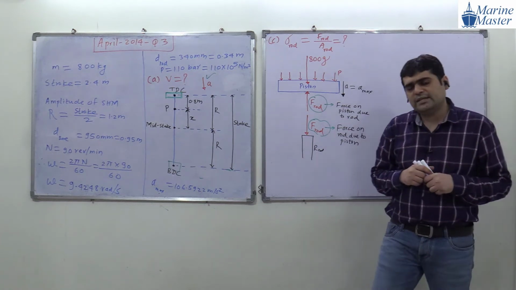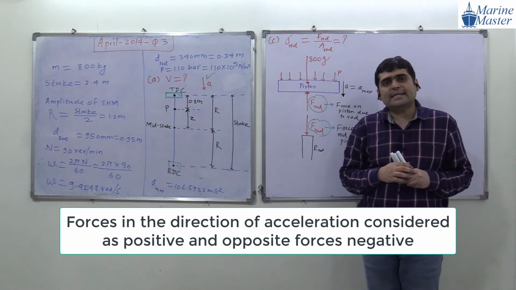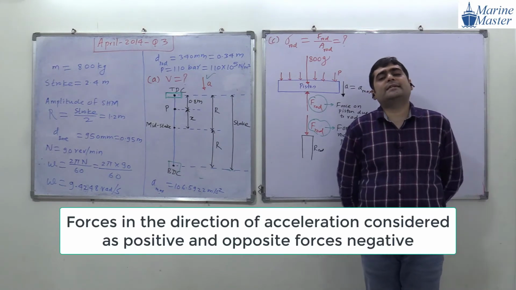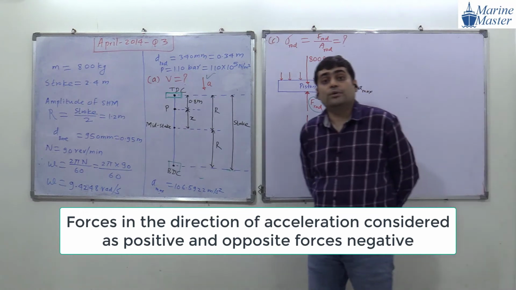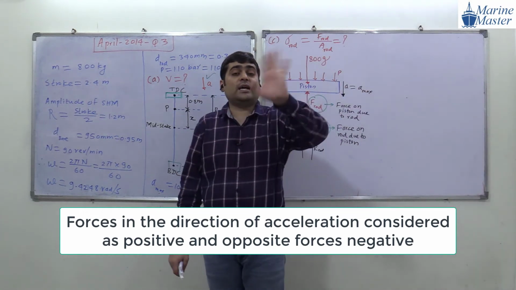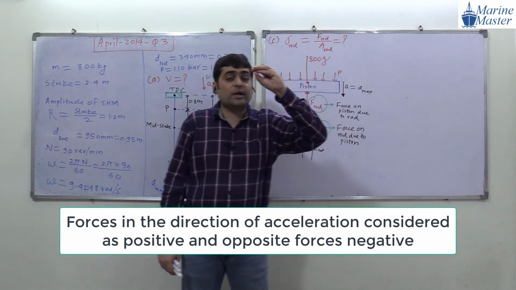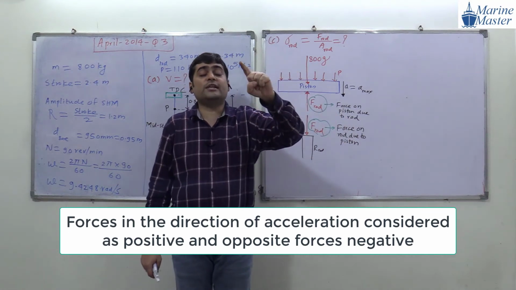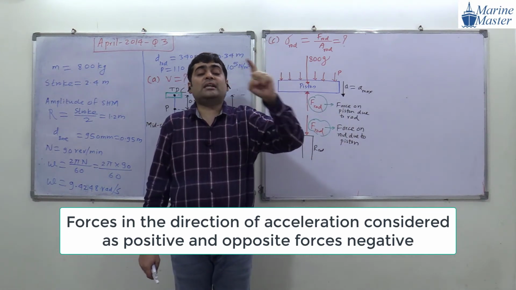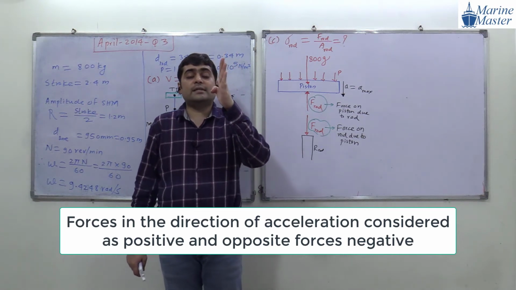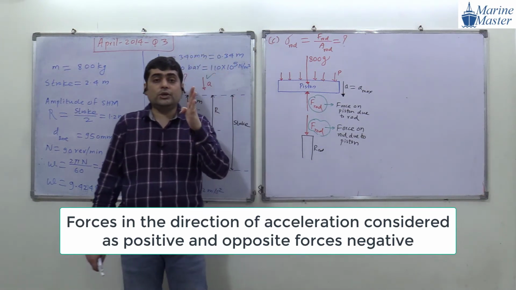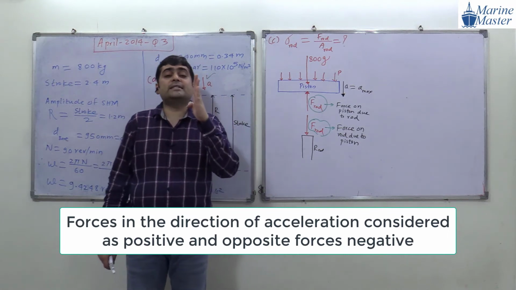Forces in the direction of acceleration are considered positive, and opposite forces we have to consider negative. Here we will not consider motion. Forget that; what we have to consider is the sign convention for the forces.